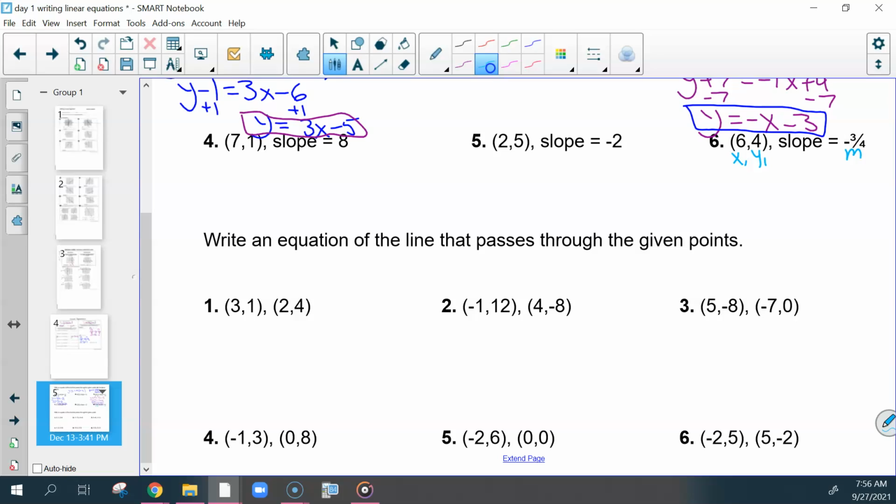Putting these in, we have y minus 4 equals negative 3/4 x minus 6. Distribute, move the constant to the other side.